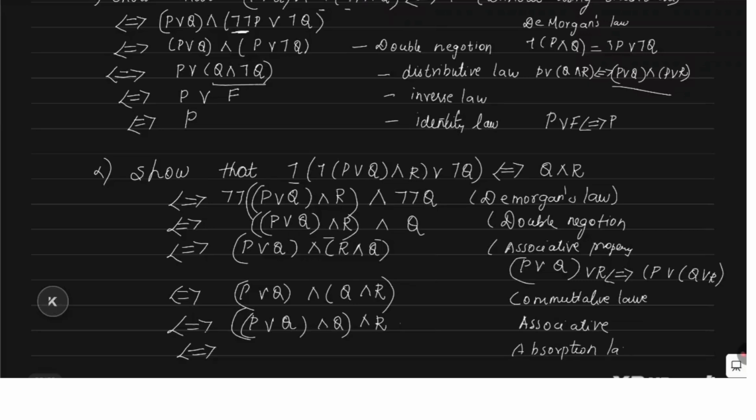What does absorption law tell us? P or (P and Q) is equivalent to P. So here (P or Q) and Q will be equivalent to Q, and R. This is what we had to prove, and we have proved the second part of the question.